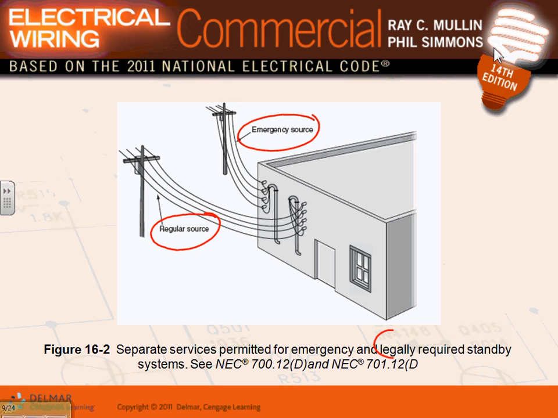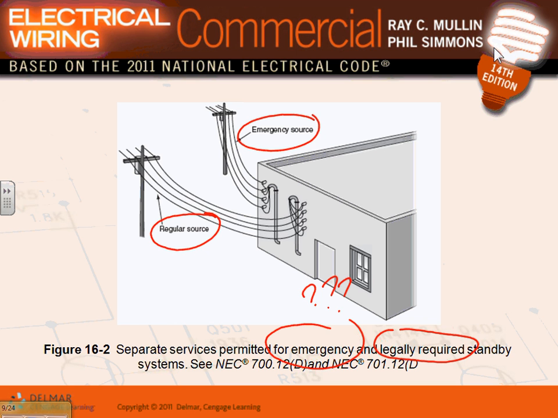So this is good for a legally required standby system, and for the emergency system, question mark. A lot of building codes don't allow you to do that, because if a storm knocks down the power here, what's the chance that the storm is going to take the second line too? Unless you really prove that these lines are completely different, like in downtown Minneapolis, where there's a network. It's highly unlikely you could bring that network down, it's really hard.